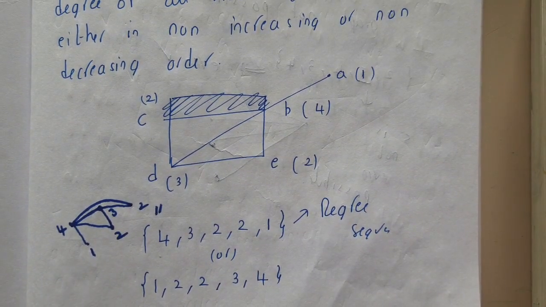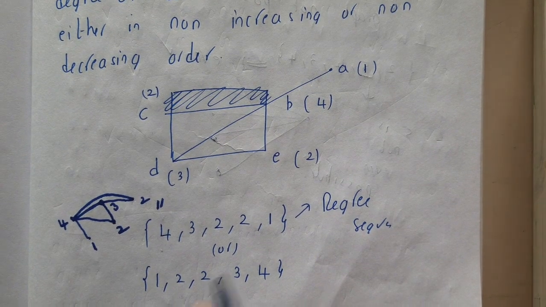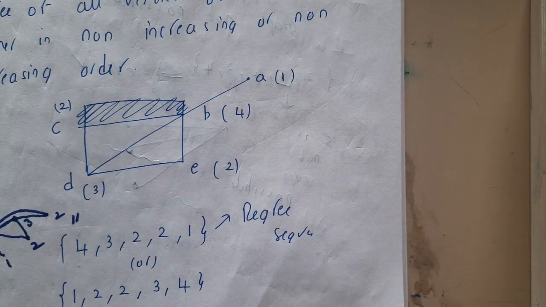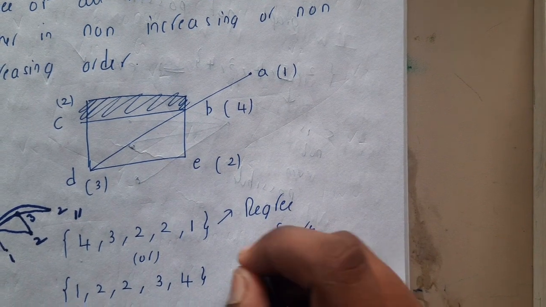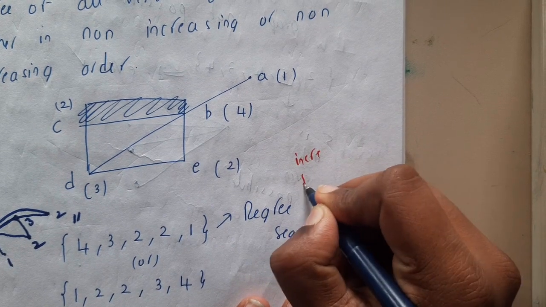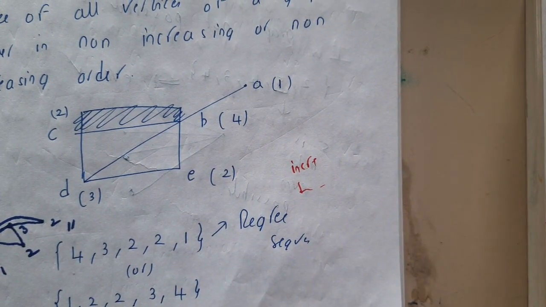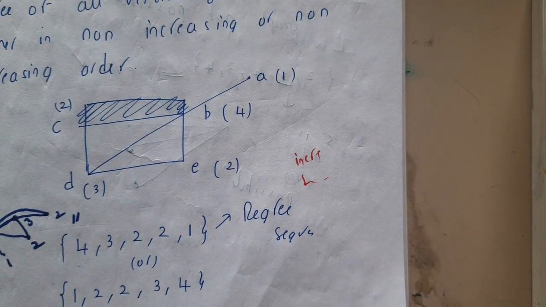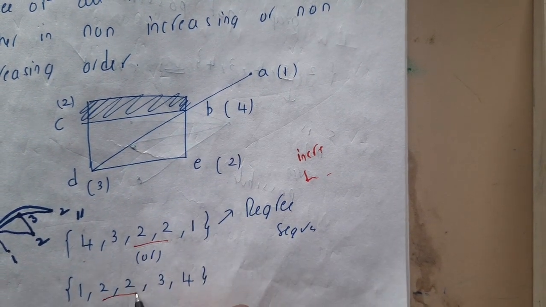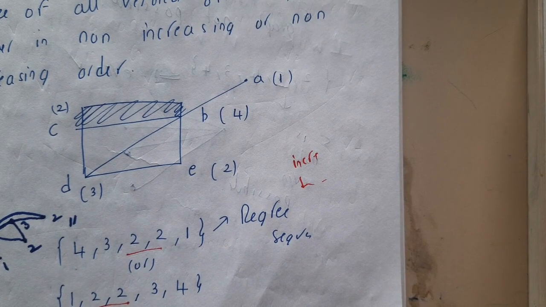Whenever you are doing some kind of programming, they will use words like non-increasing, non-decreasing. Most students get confused about what this non-decreasing or non-increasing is. The only thing you should remember is that increasing or decreasing order is applicable only for distinct values. For repeated values, you cannot say these are decreasing or increasing.